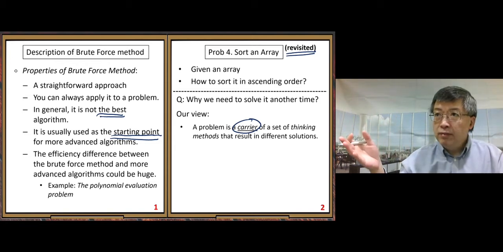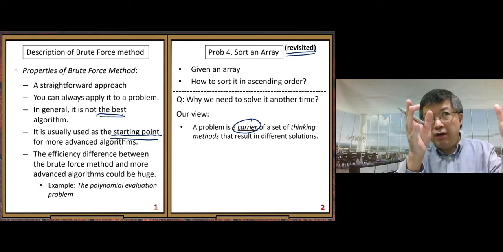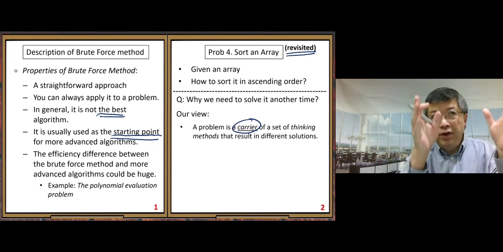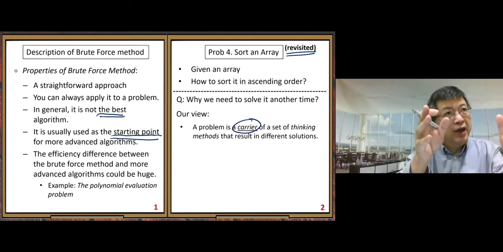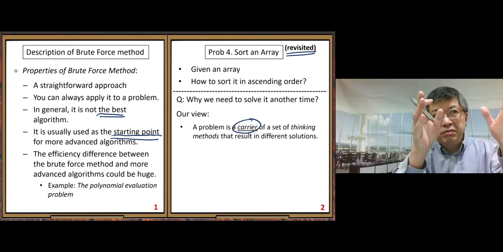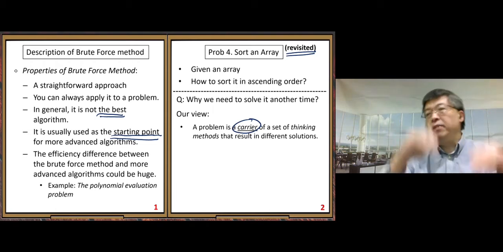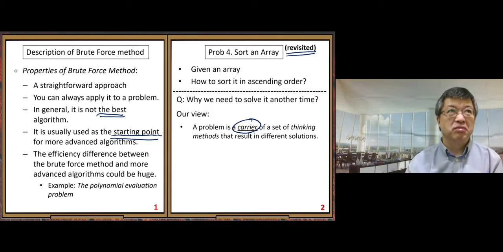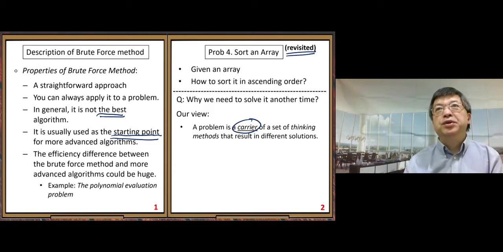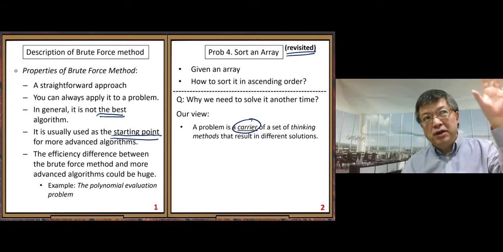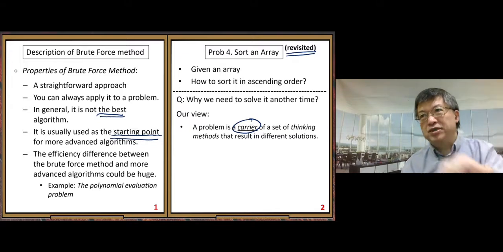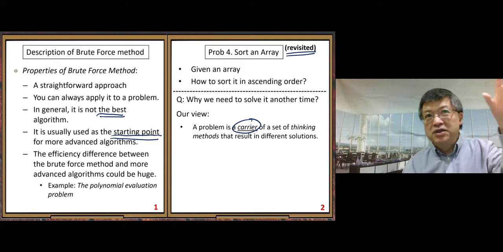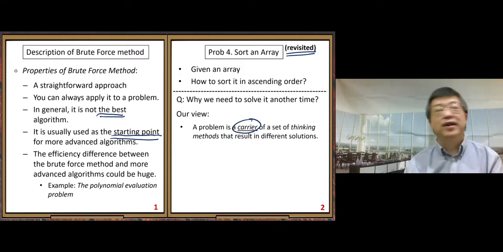Most of the time, if you want to solve those computing problems efficiently, you need to use some very smart methods. So the question is, how do you get those different thinking methods?